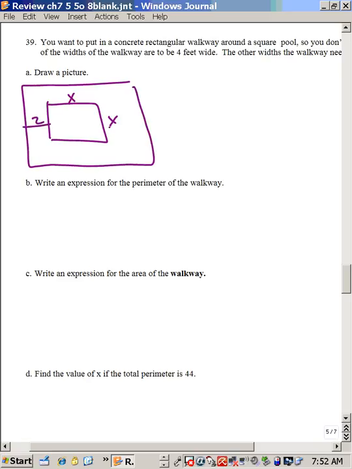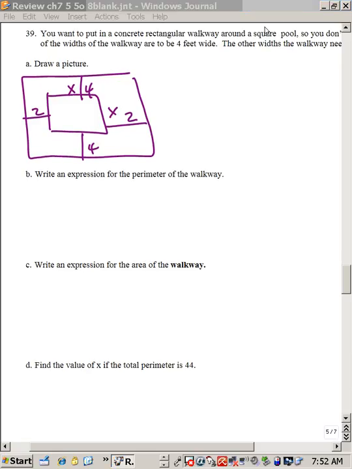One side is 2 feet. The other side is 4 feet. Okay, so here we go. I'm going to have to end up finding the perimeter and the area. So in order to do that, I need to find the lengths of each of these.